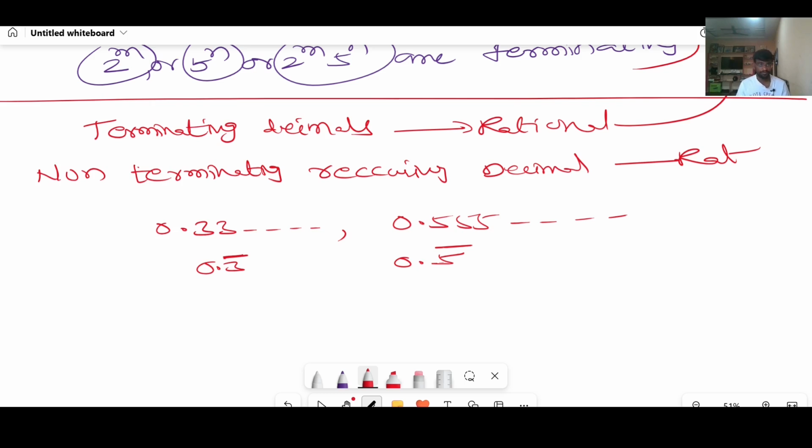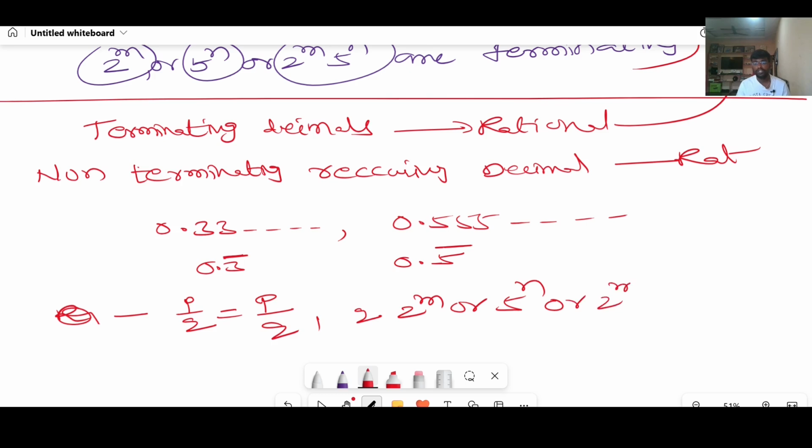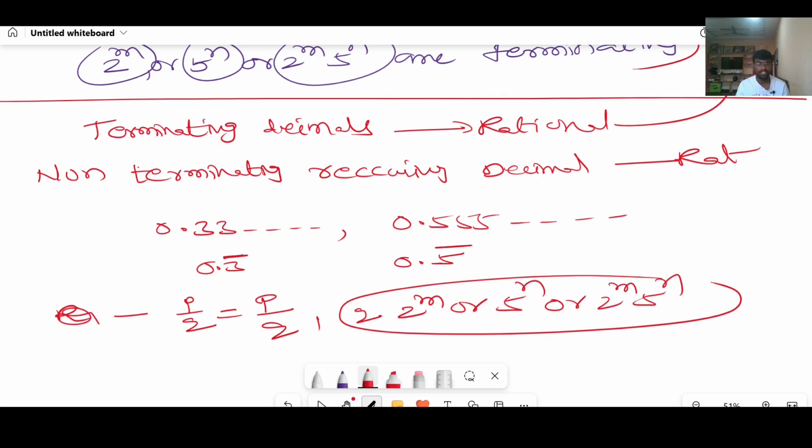And the next one, same thing. Next theorem: the rational numbers which are written in the form of p by q, and q is not in the form of 2 power m or 5 power n or 2 power m 5 power n. We have already concluded that it is a rational number, but the denominator is not in the form of 2 power m or 5 power n or 2 power m 5 power n.